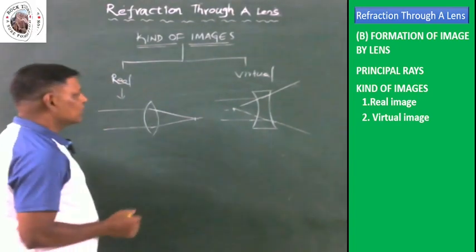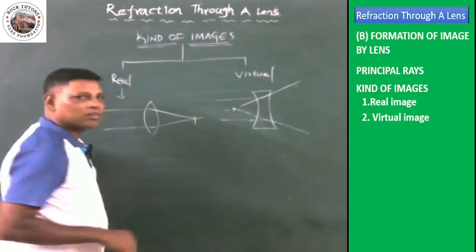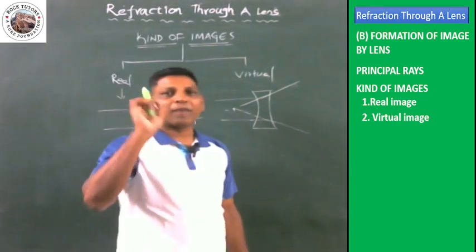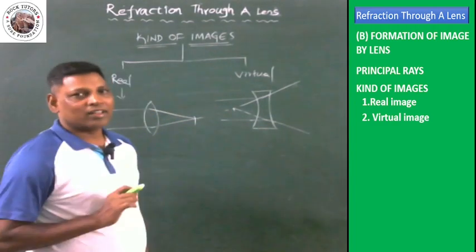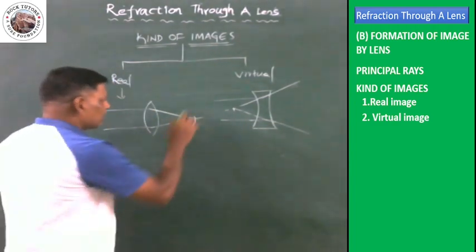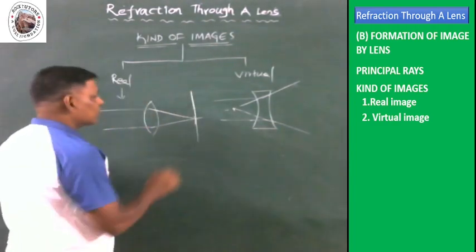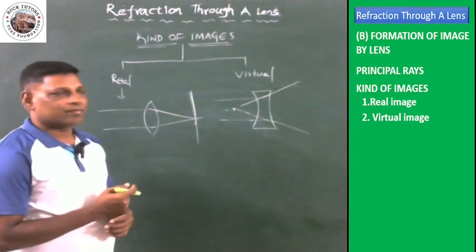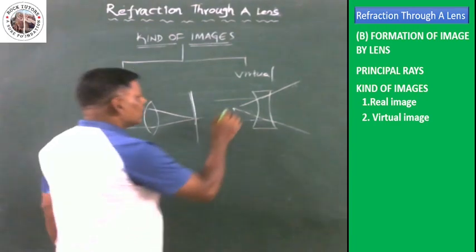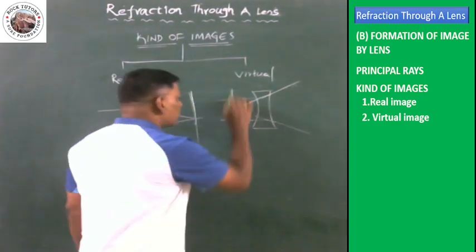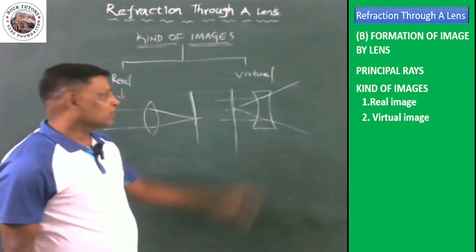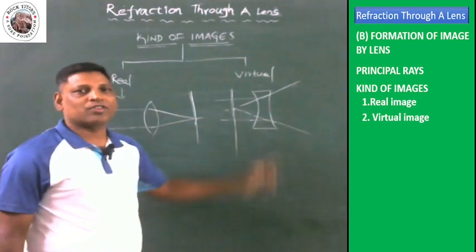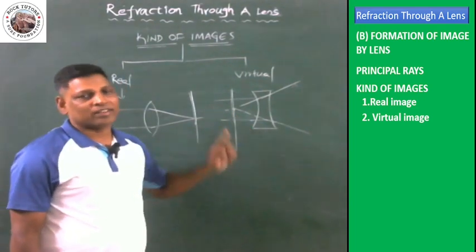Next, a real image we can capture on the screen. If I keep a screen here, we can see the image on the screen. Virtual image we cannot obtain on the screen.